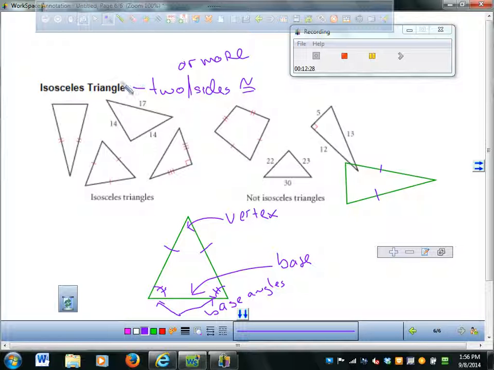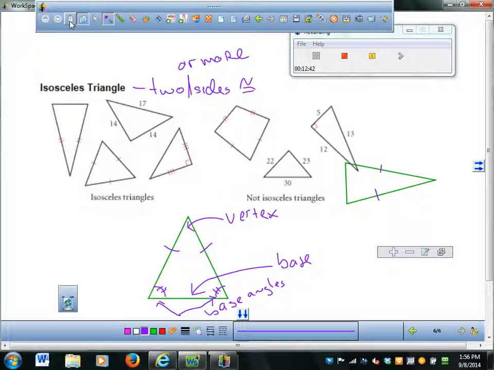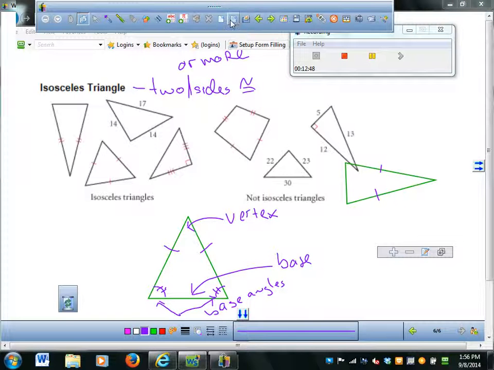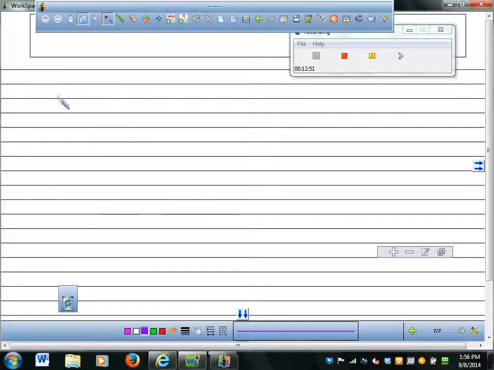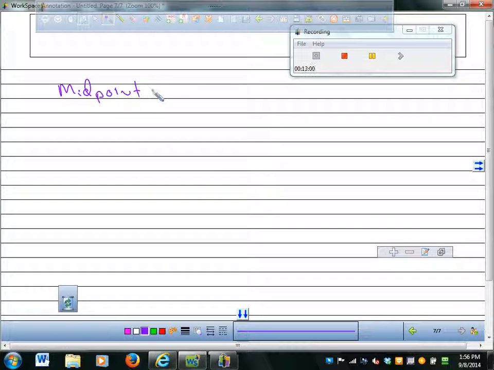Okay, did I teach you guys about the midpoint formula? I think I did real briefly, but I didn't give you homework on it, and since tonight's homework is pretty short, I'm going to throw this in there, okay? So, midpoint formula. I think a lot of you know this already from last year's class.